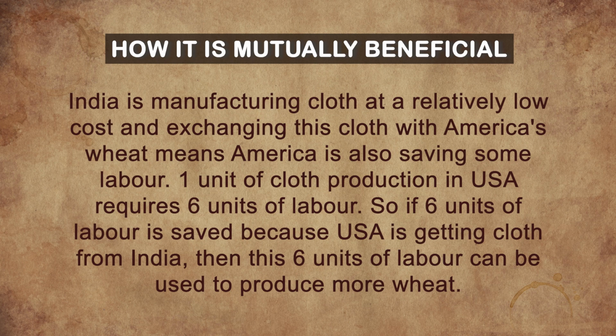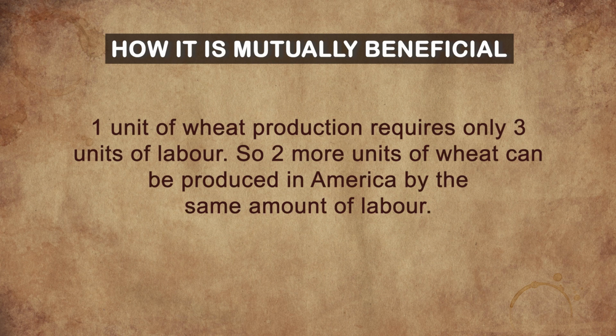How much labor? Because 1 unit of cloth production in USA requires 6 units of labor. So if the 6 units of labor is saved because USA is getting this cloth from India, then these 6 units of labor can be used to produce more wheat. And remember, 1 unit of wheat production requires only 3 units of labor.